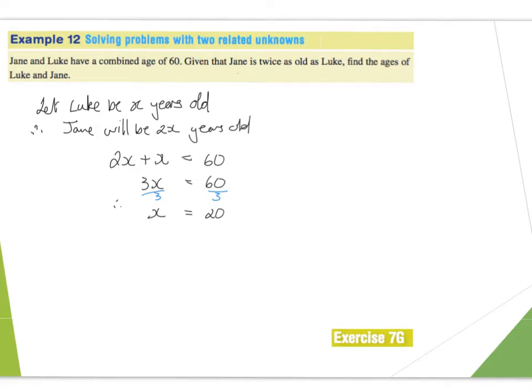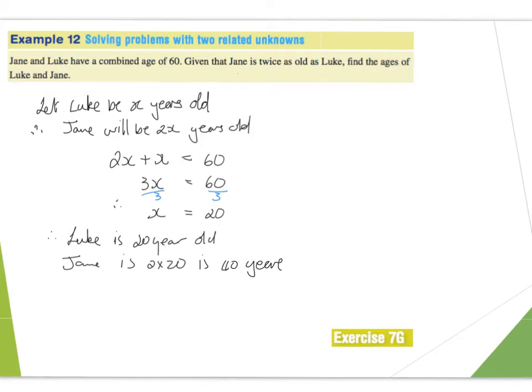So we can say, therefore, Luke is 20 years old and Jane is 2 times 20 because she is 2x years old. So 2 times 20 is 40 years old.